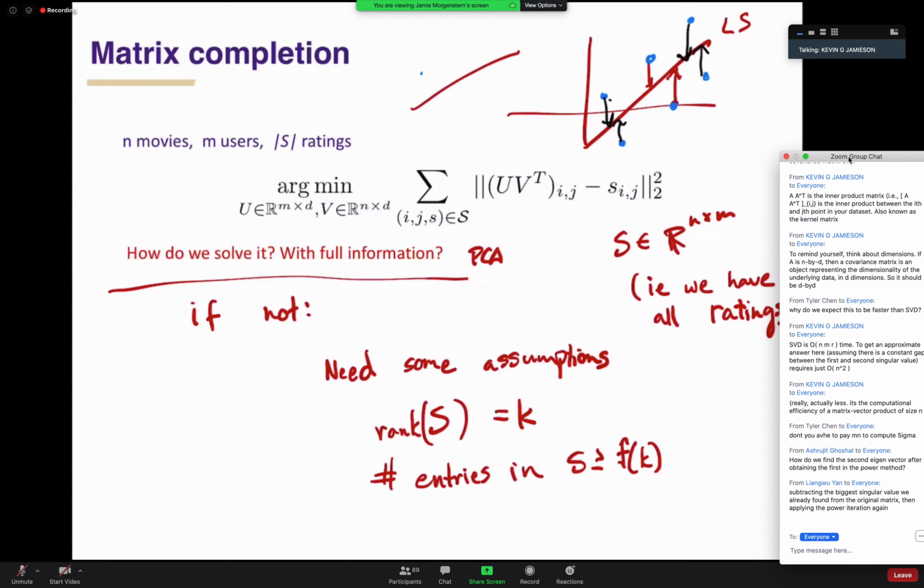But anytime a paper is claiming that they're doing non-convex optimization and reaching a global minimum, 9 times out of 10, somewhere hiding in there is they have reduced the problem to SVD, because it is basically one of the only non-convex problems that we know how to solve, and you actually get a global optimum too. And that's why it's sort of amazing.